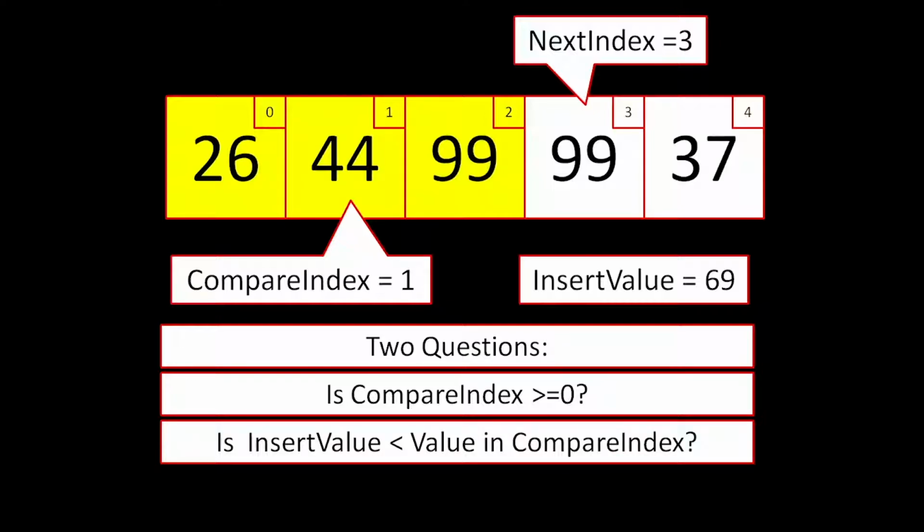Is insert value less than the value in compare index? Insert value is currently 69. The value in compare index is 44. Is 69 less than 44? The answer is no. We will stop the process at this point and assign insert value to the value at compare index plus 1.